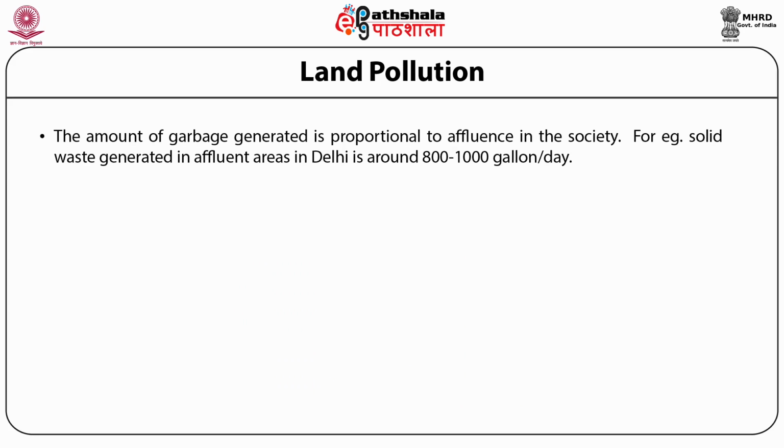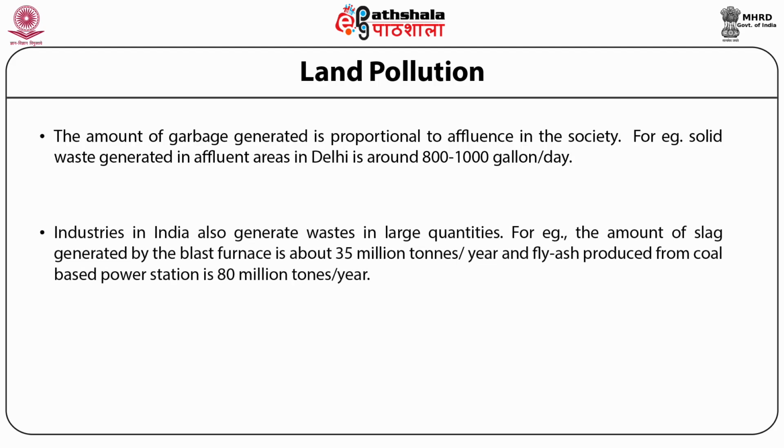The amount of garbage generated is proportional to affluence in the society. For example, solid waste generated in an affluent area in Delhi is around 800 to 1000 gallons per day. Industries in India also generate wastes in large quantities.